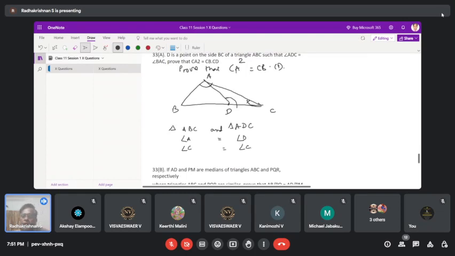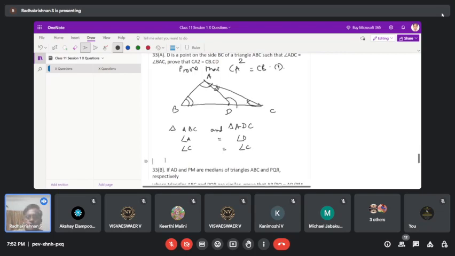So therefore, if two angles match, the third angle will match angle A. Since all three angles are matching, these two triangles are similar.